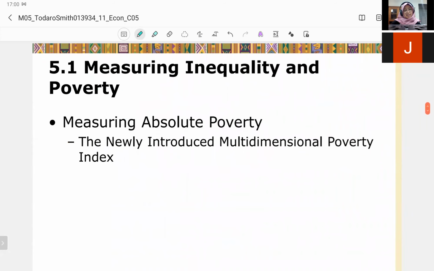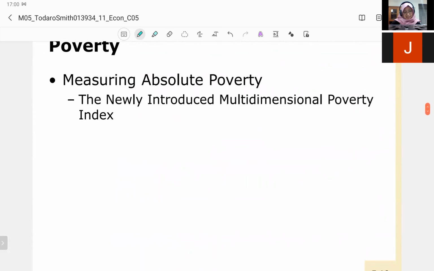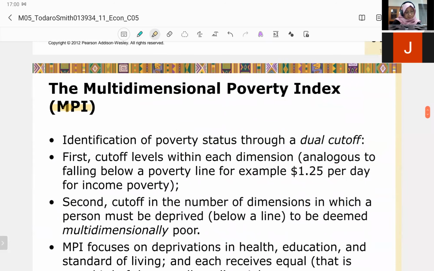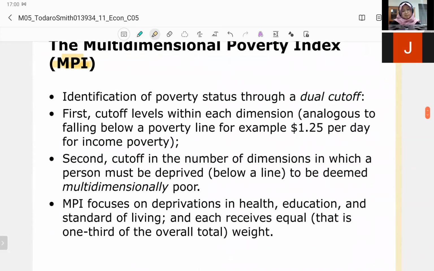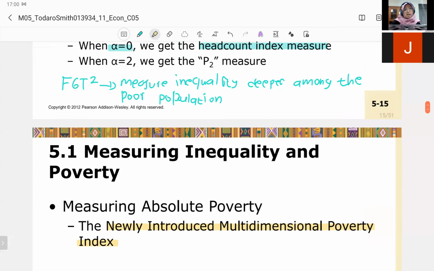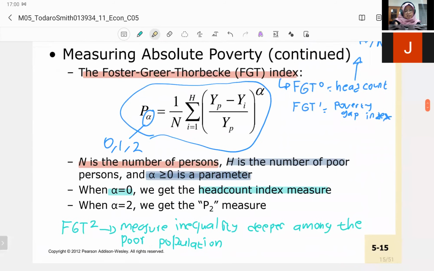And then the next measurement is the newly introduced multidimensional poverty index, or MPI. The identification of poverty status is through dual cutoff. As you notice, in the previous measurements, we only use income as the parameter to define whether someone is poor or not.